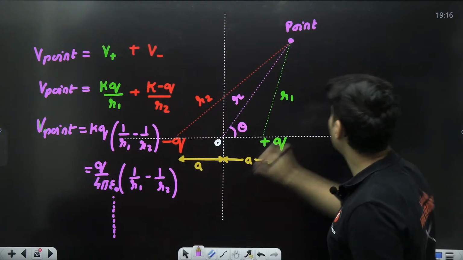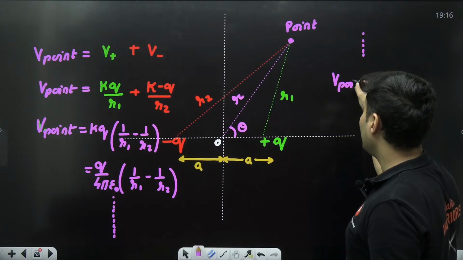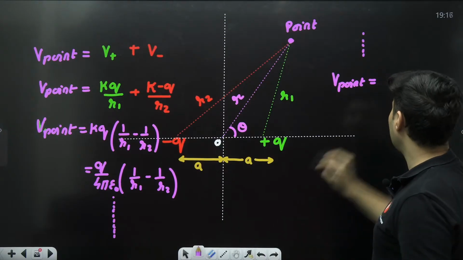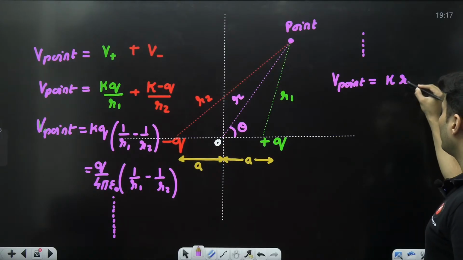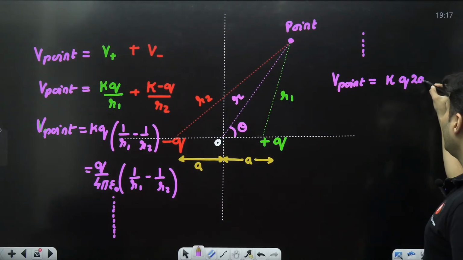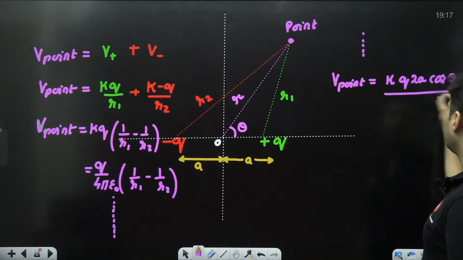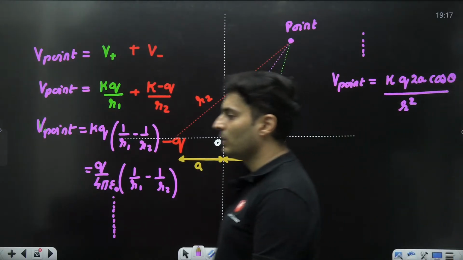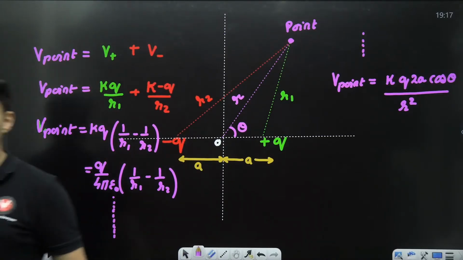Then after solving and approximating, finally you get the potential at that particular point as 1 by 4 pi epsilon naught, or let's just put K over here, into Q into 2a into cos theta, the whole thing divided by r square. This is exactly what you get: KQ2a cos theta by r square.